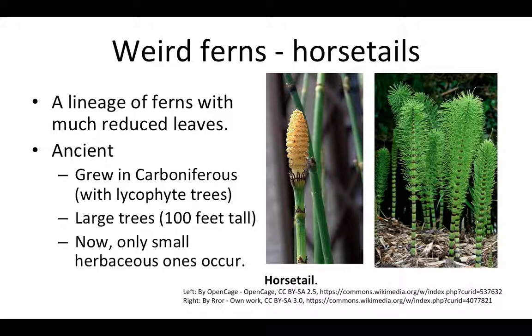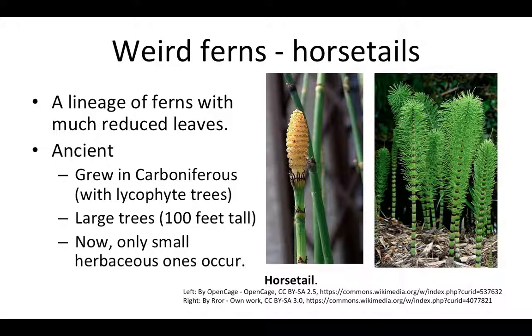I'm going to mention one group of weird ferns that get a lot of attention. Historically, we didn't think that these were ferns. We thought they were their own group. But we now have a lot of molecular evidence as well as other evidence that tells us, in fact, this is just an ancient and strange group of ferns.